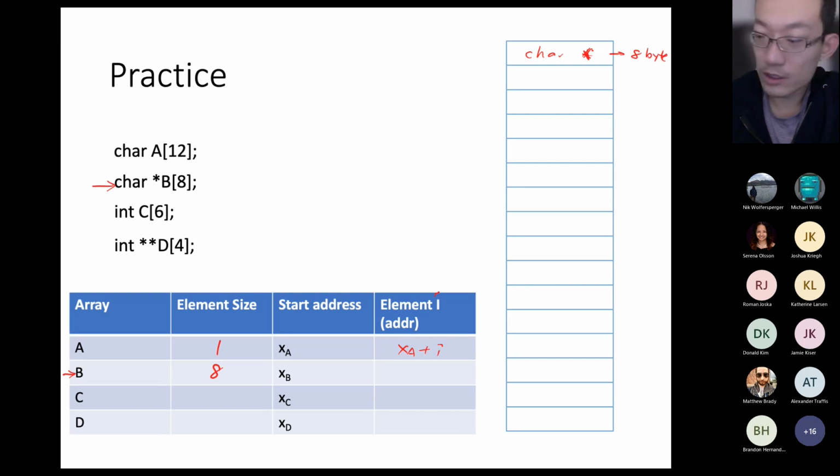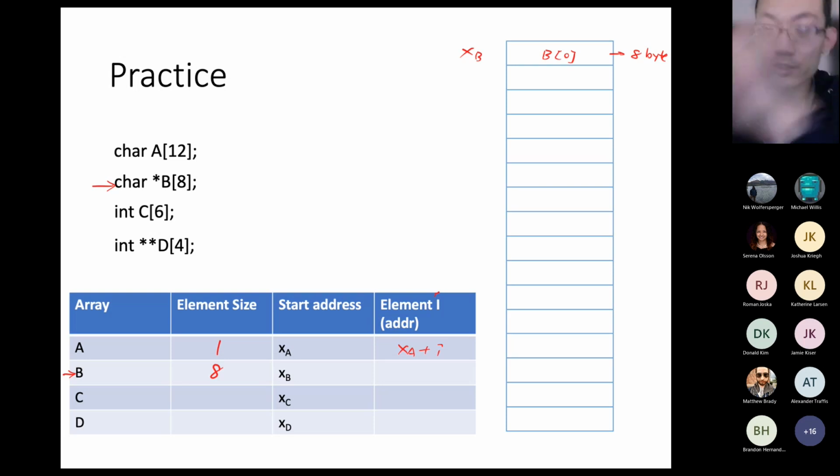Now let's look at what element i's address should be. We have XB right here. This is the start of the array. We want to find the ith element. There should be B0 and B1, each a char pointer occupying 8 bytes.